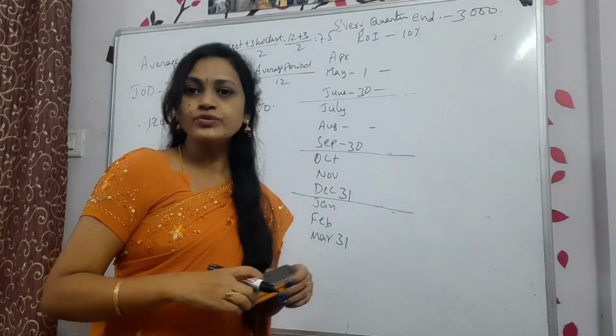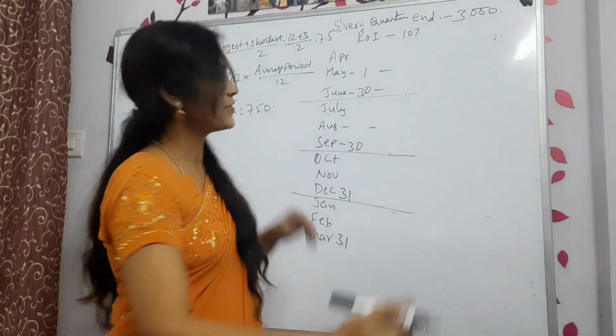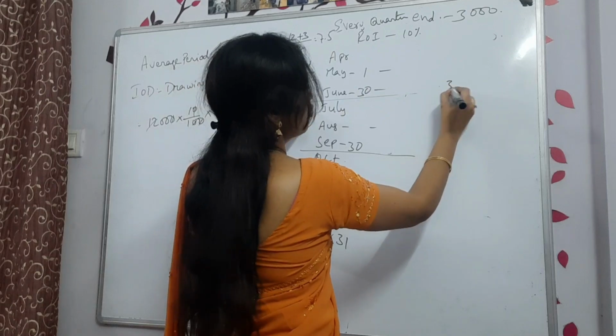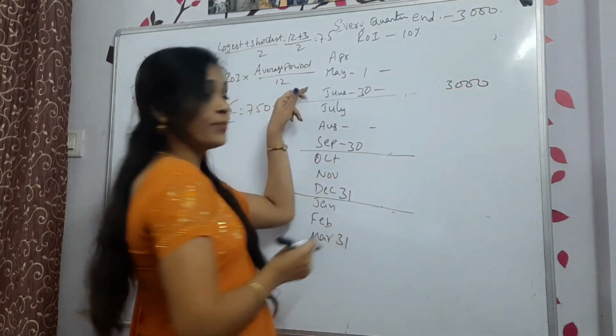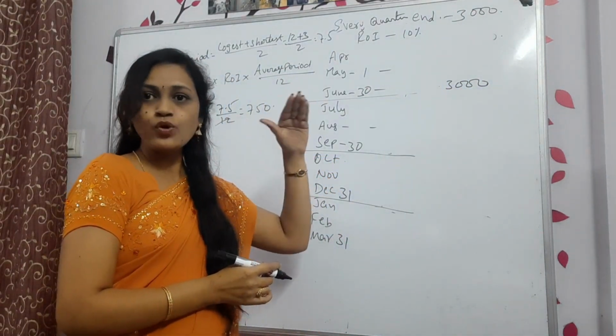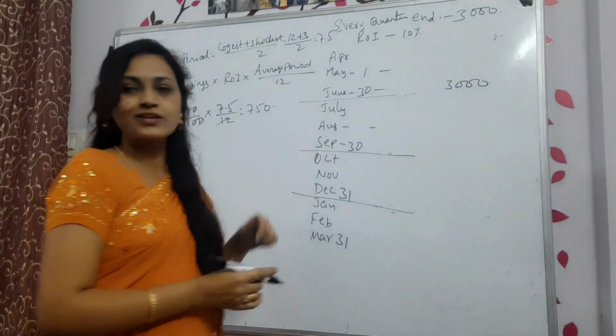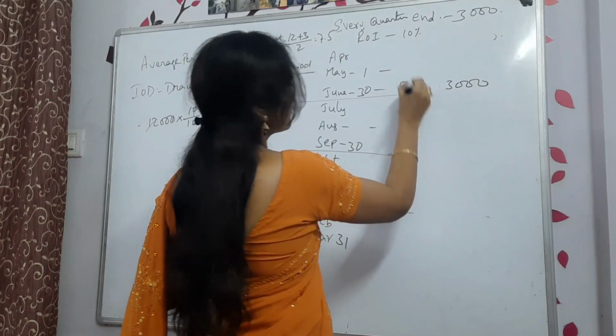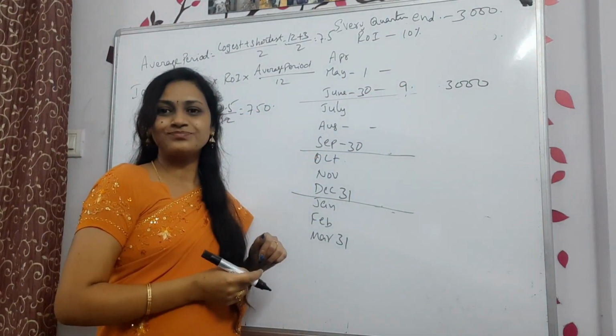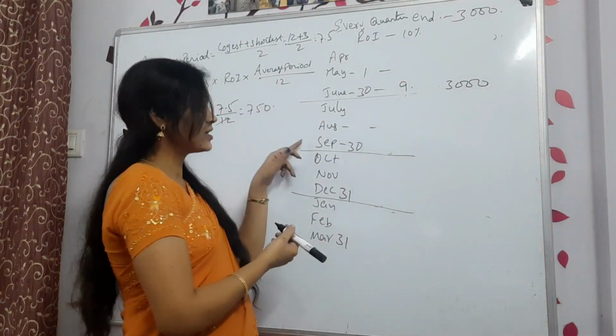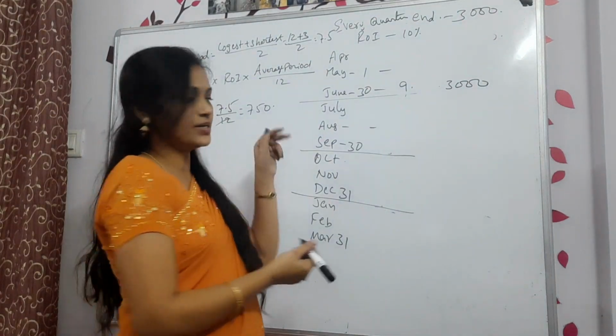Okay. On June 30th, they have withdrawn the money. First withdrawal on June 30th. How much? 3,000. Now how many months are there? June month we don't have, right? From July, 1, 2, 3, 4, 5, 6, 7, 8, 9. So now here we got 9 months. Second withdrawal is on September 30.